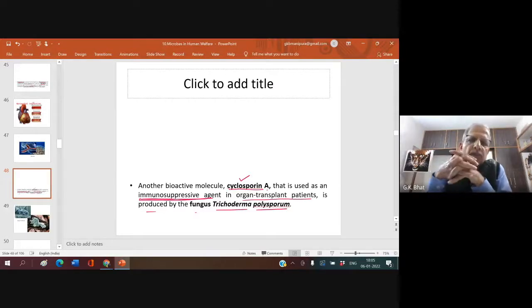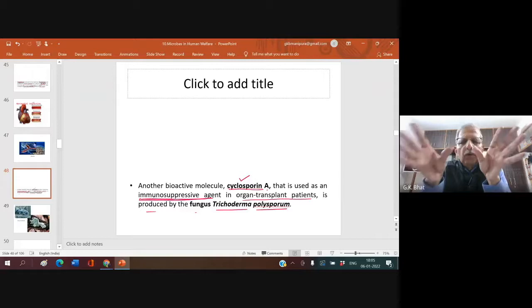So once the immune system is made weak, now the kidneys are transplanted, and this suppressed immune system cannot do anything because it is already given some drug and it is suppressed. It is made helpless. So this drug is called Cyclosporine A, and this Cyclosporine A is produced by the fungus Trichoderma polysporum.